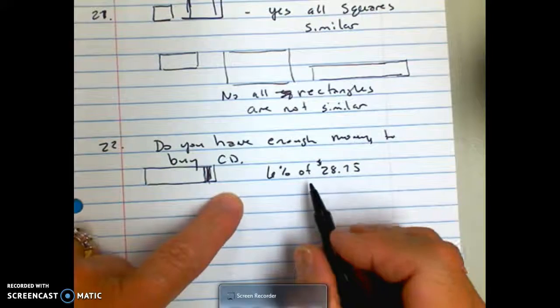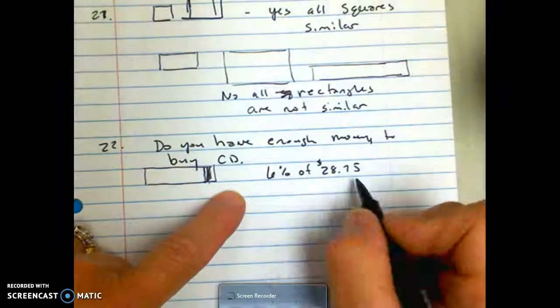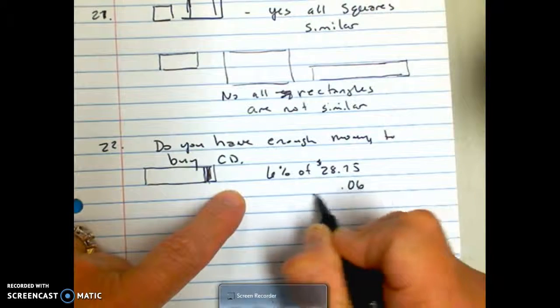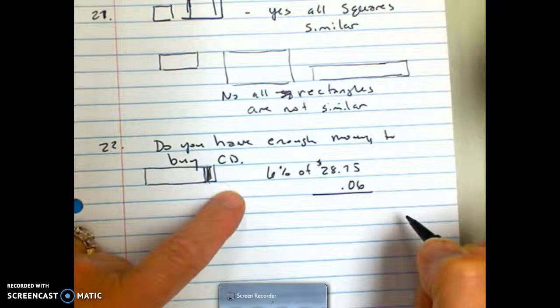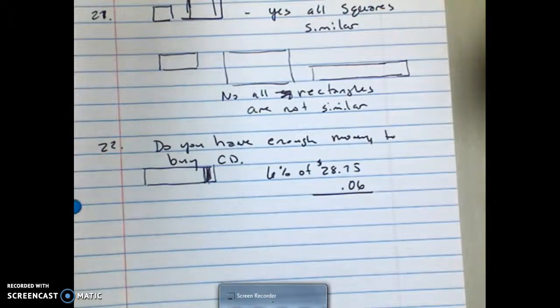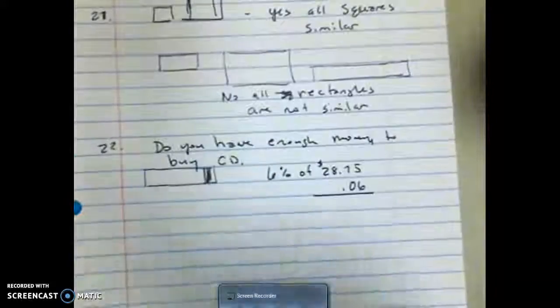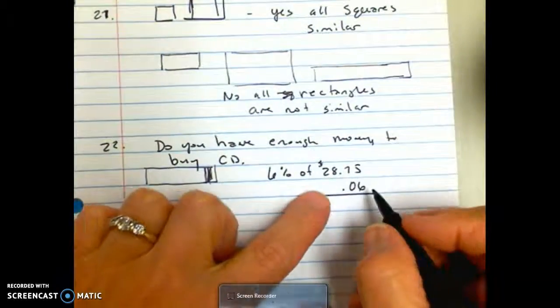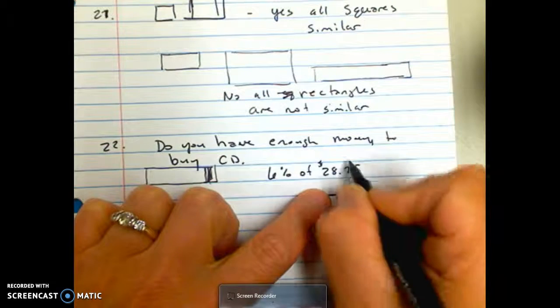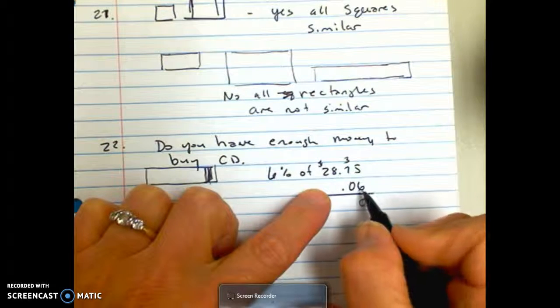So 6% of $28.75, so we want to multiply by 6%, which is 0.06, and if you multiply that out, we can do the regrouping thing.